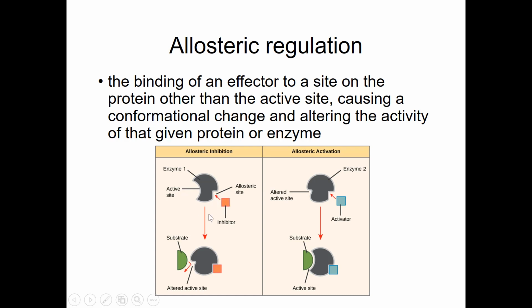However, when that inhibitor binds, it results in a conformational change, and now that substrate can no longer fit into the enzyme. However, in this case, now you see the closed active site, and an activator can now bind to that allosteric site, opening up that active site so the substrate can now bind. Now that substrate fits and can be converted into a product.